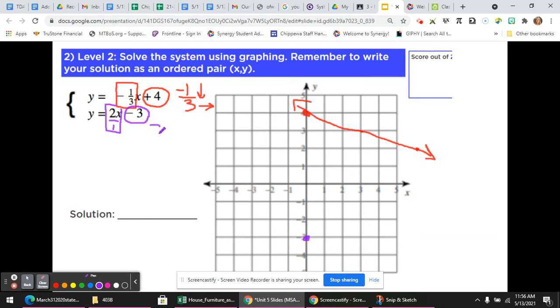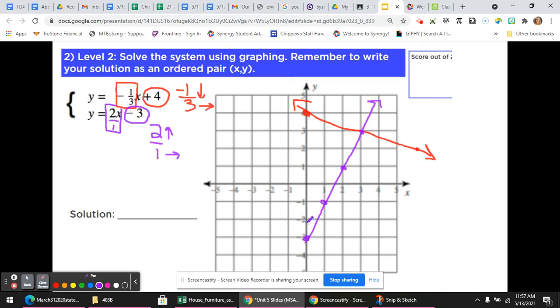So slope of 2/1, it's a positive slope. I'm going to rise 2, run right 1. So starting down here, I'm going to go up 2/1, make my point, up 2/1, make my point, up 2/1, make my point, and then I am going to connect.